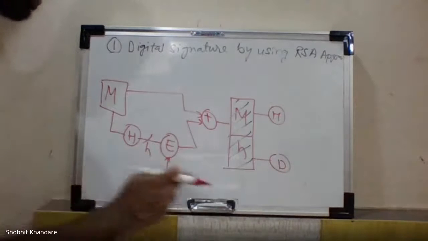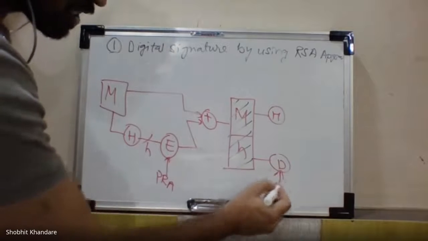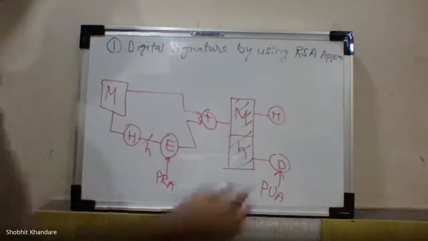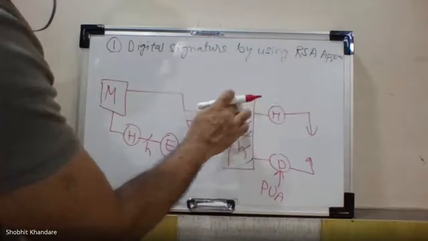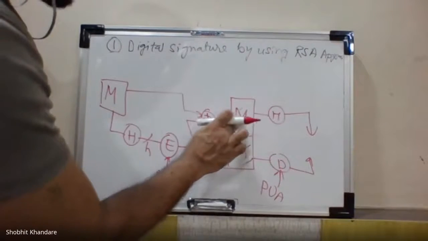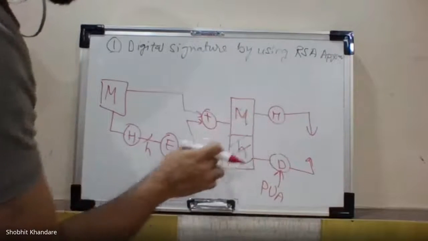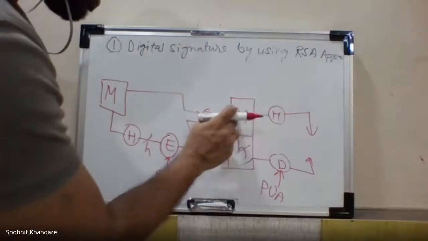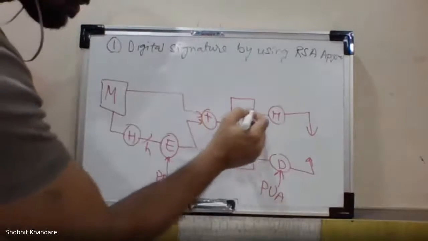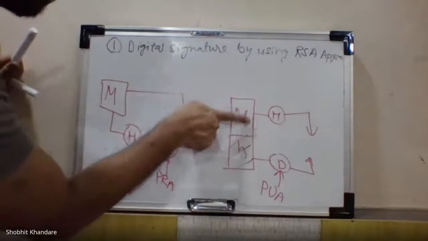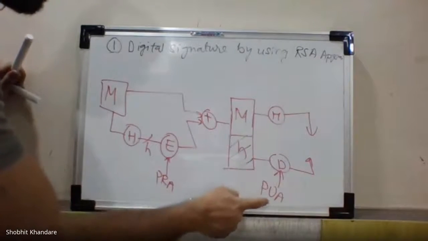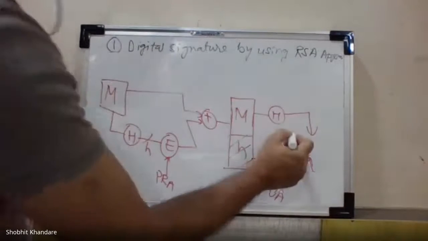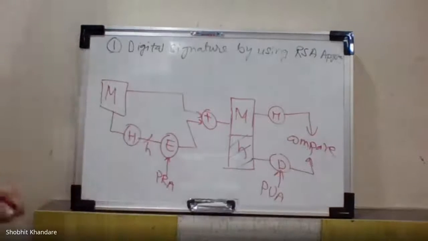Because I did the encryption on the hash code, the decryption also has to be on the hash code, by using the public key of A. Then compare. A student asks whether the dash should come on H, and the speaker confirms: encoding happens only on the hash code. If I put the dash on M as well, I am doing a blunder, because encryption was done only on H. So there are no dashes on M, only on H. Then decrypt by using the public key of A and compare both of them.